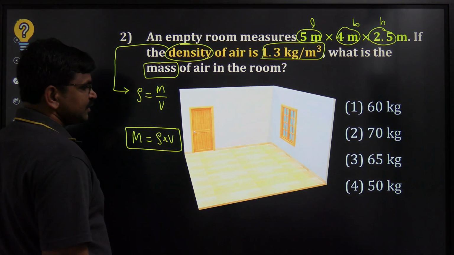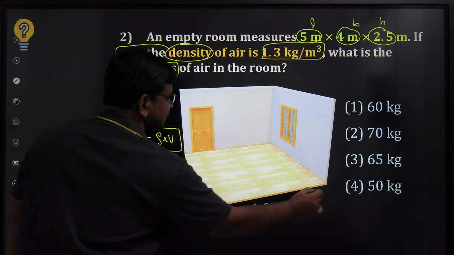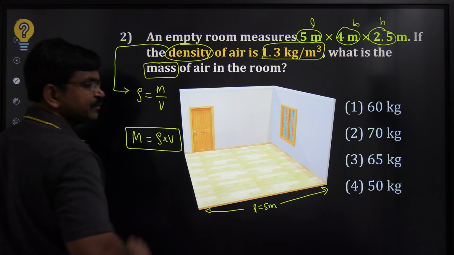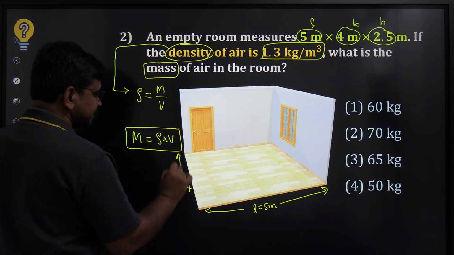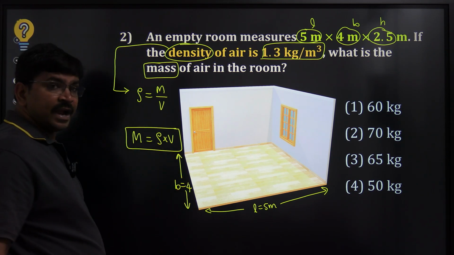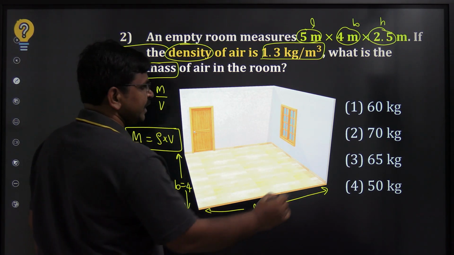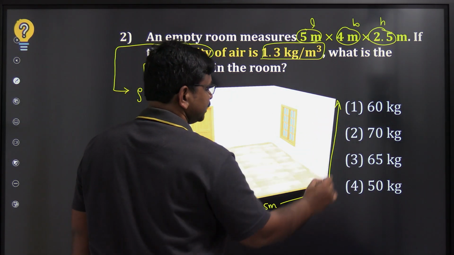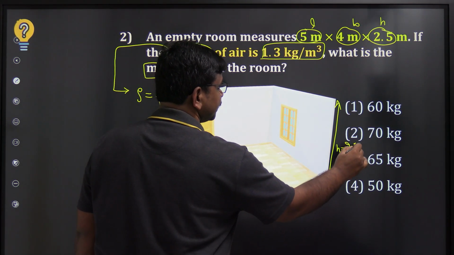So the length is 5 meters, so L is equal to 5 meters. And breadth is 4 meters, so B equal to 4 meters. And height is 2.5 meters, so height can be taken from here to here. So height is equal to 2.5 meter.